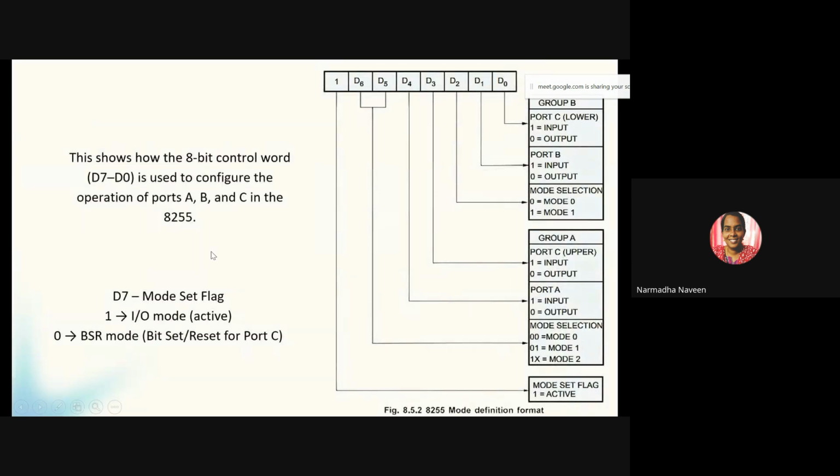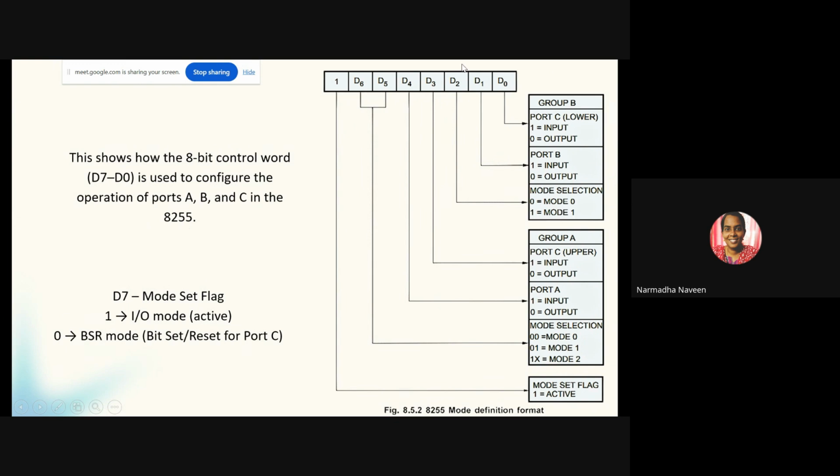So this is the 8-bit control word, that is D0 to D7. How is this D0 to D7 configured? When the D0 bit is set to 1, the chip will receive the input from the peripheral device, and when it is set to 0, it will send the output to the peripheral device.